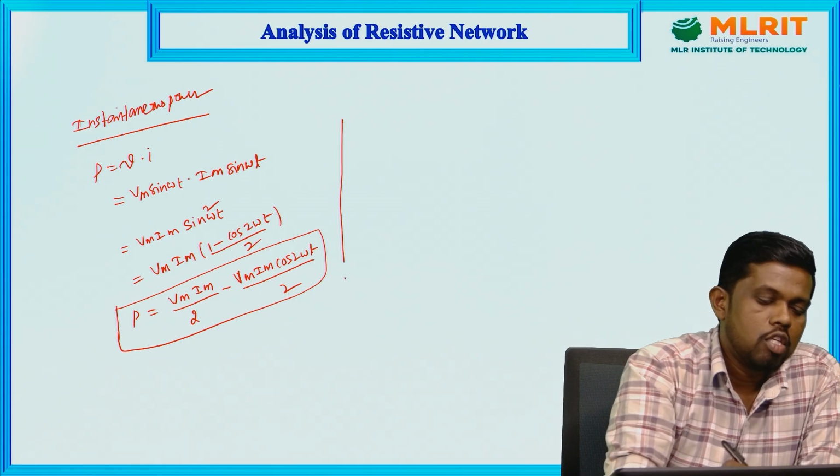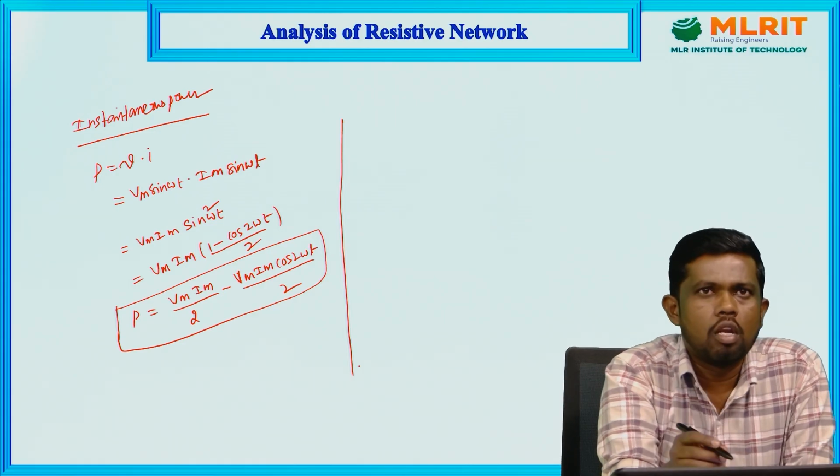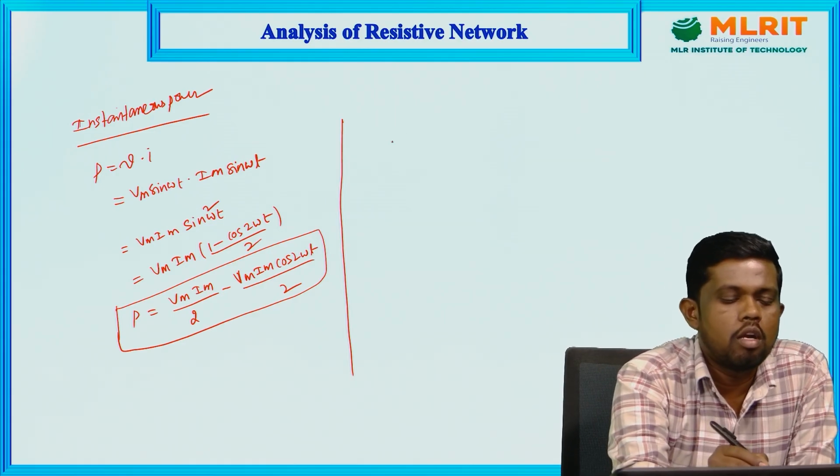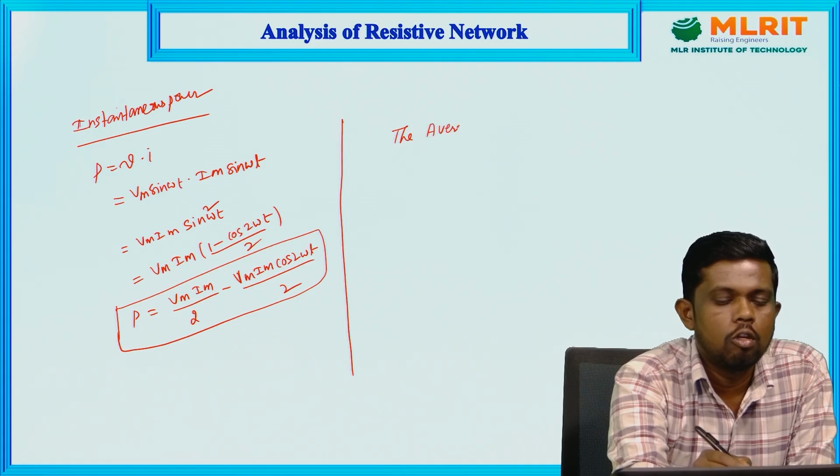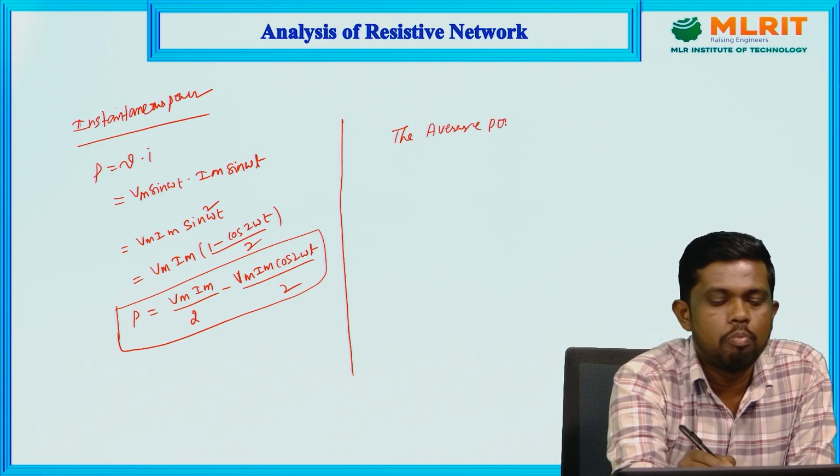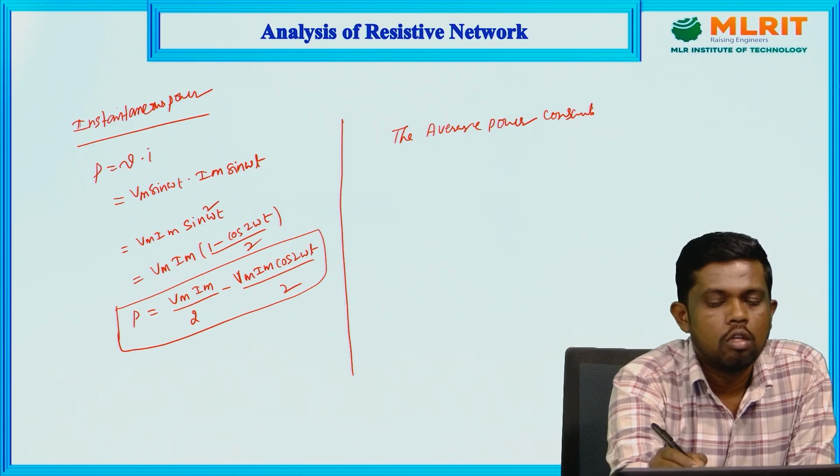Based on this, we need to find the average power consumed by the resistor over a complete cycle.